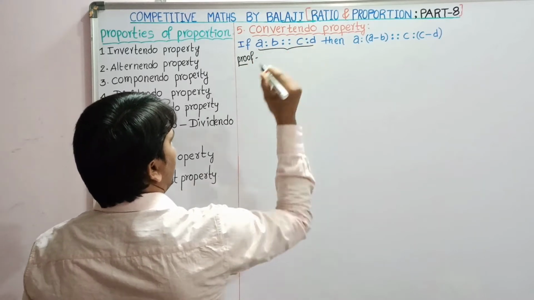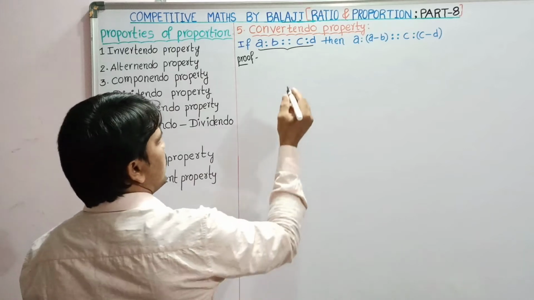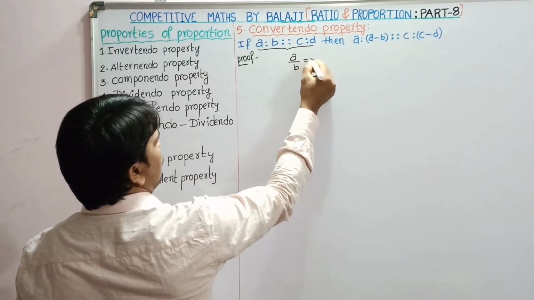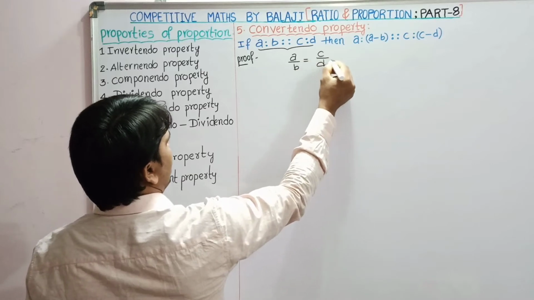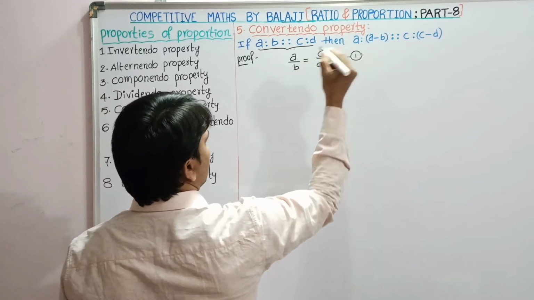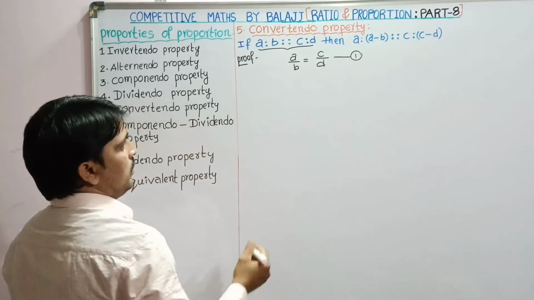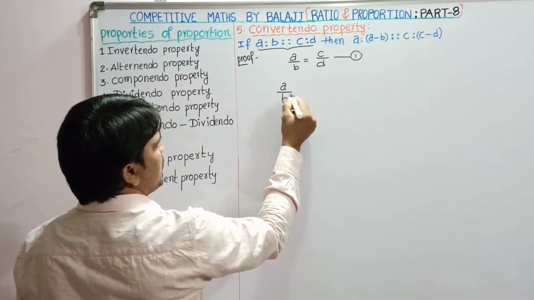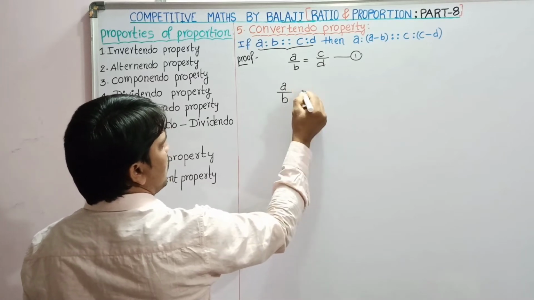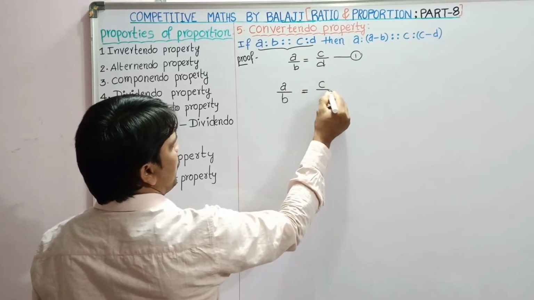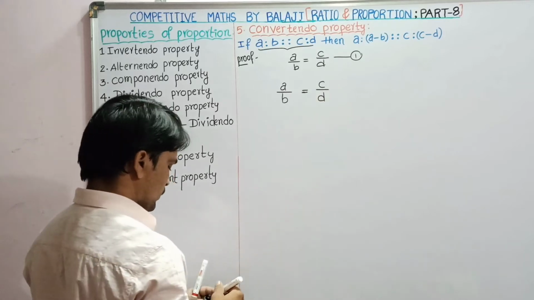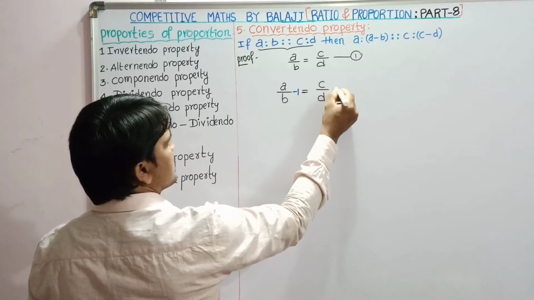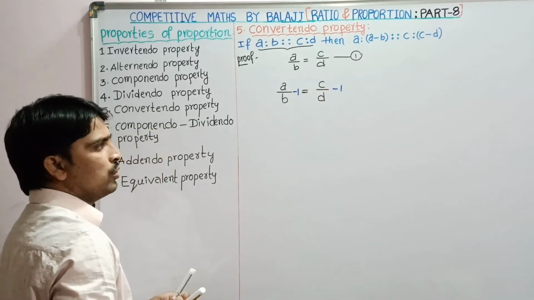We are given a, b, c, d are in proportion, so this can be written as a by b equal to c by d. Let it be equation 1. Now, subtract 1 on both sides.